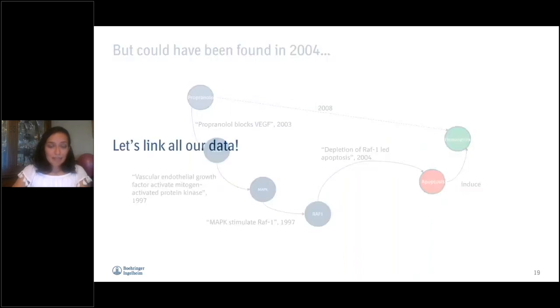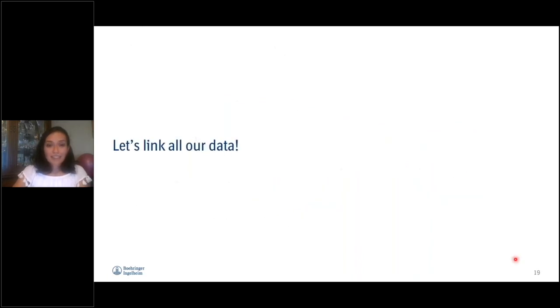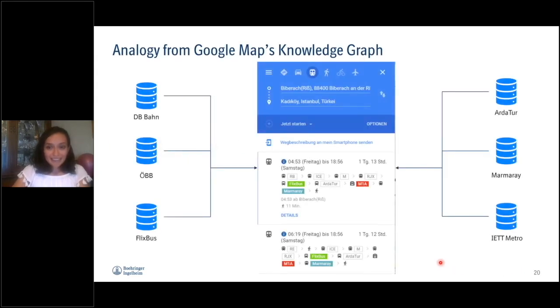With this example, we thought, okay, let's link all our data then. And then we also thought about the analogy from Google Maps. In this example, I use Google Maps with my own starting point. I entered Bibera, where we are located, to Istanbul as my endpoint.